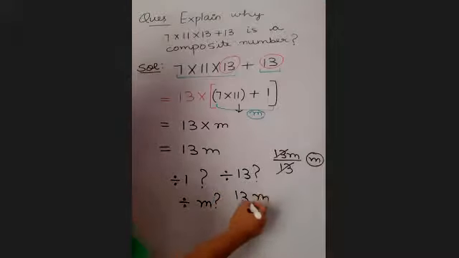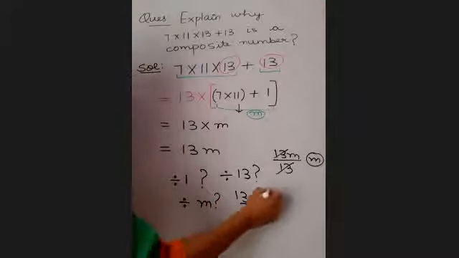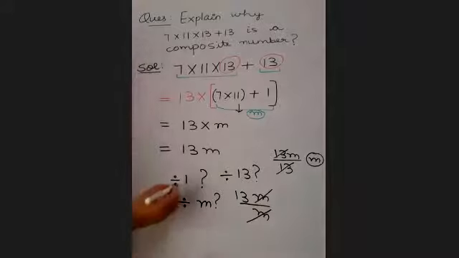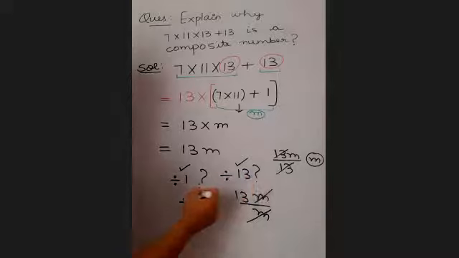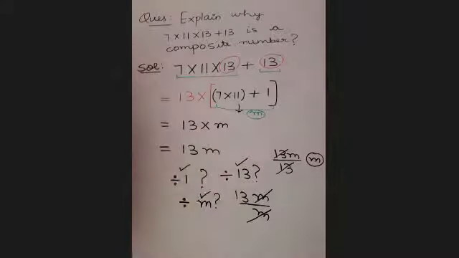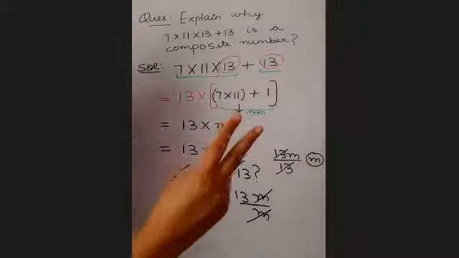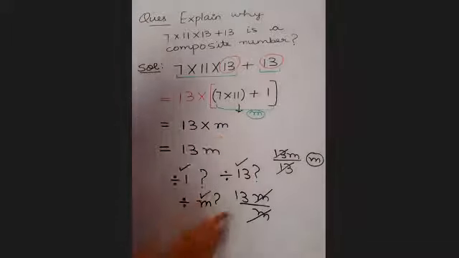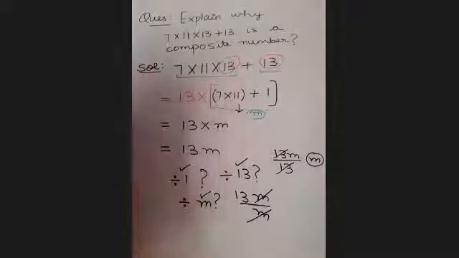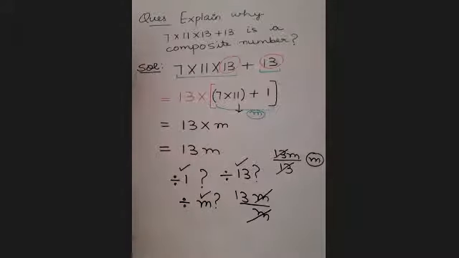Whatever is the value of M, जो भी value हो, वो cancel हो जाएगा. So it is divisible by 1, by 13, and by M also. So how many factors does it have? 3. More than 2. So does it become a composite number? Yes, ma'am.